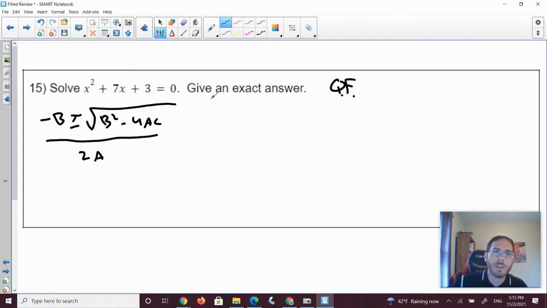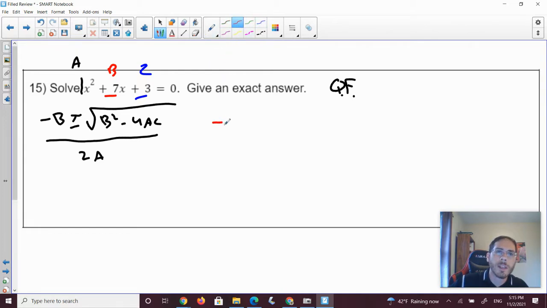All right, let's start plugging them in. So a is 1, b is going to be 7, and c is going to be 3. All right, plug them in.